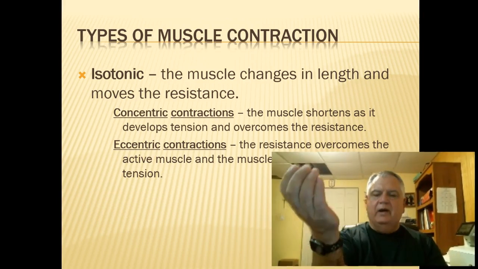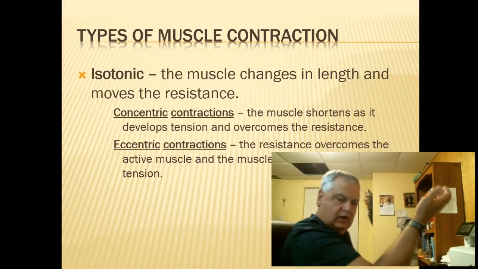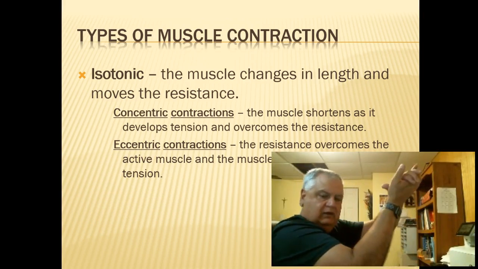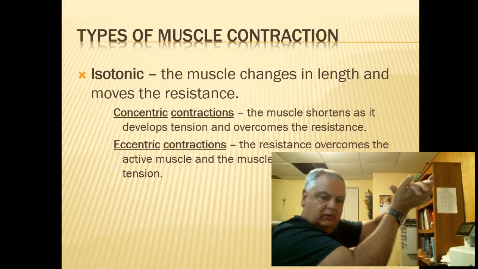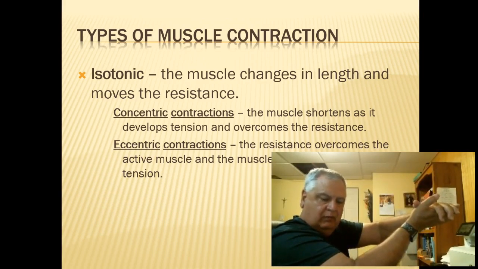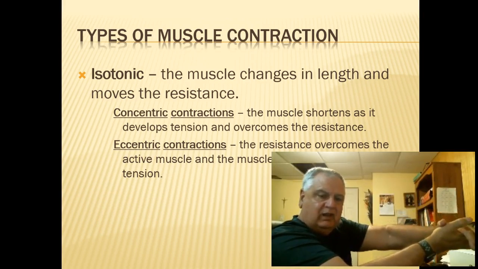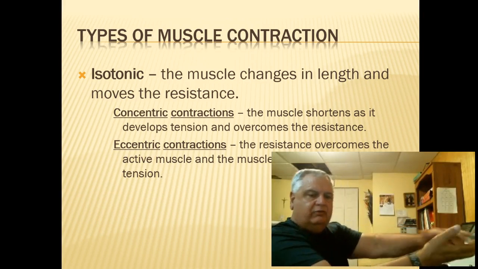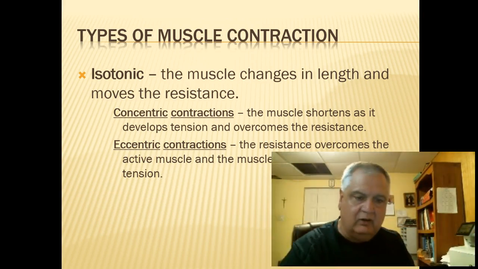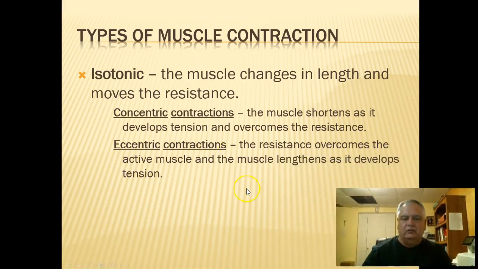So for example, if I have my hand up like this in a slightly contracted state, and maybe I should turn sideways to show you this, and if I put force against my arm and I add weight or put enough force against my hand that the muscle still maintains the tension but gradually lengthens, then that's referred to as the muscle being in a state of contraction, but it's lengthening, so that would be an eccentric contraction.